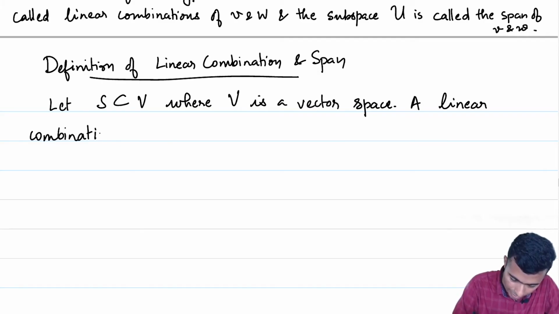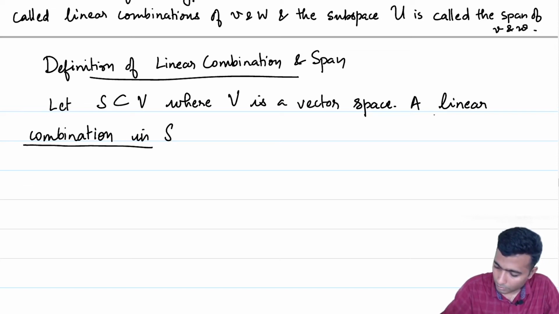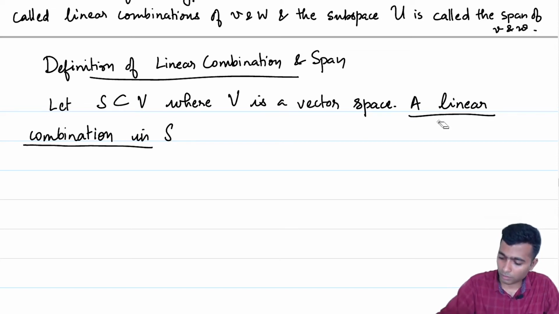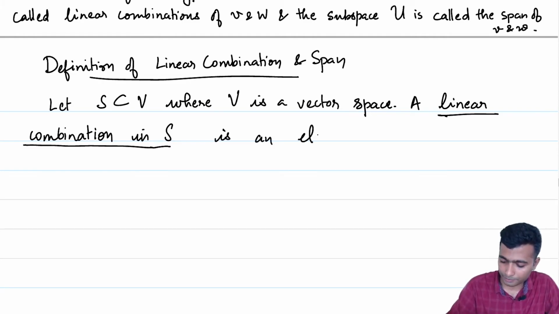A linear combination in S is an element, is a vector.